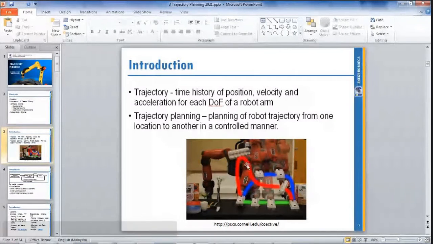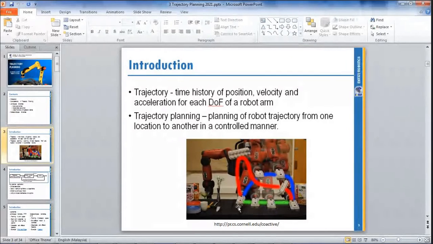You want to move the product along, for example, this red line. One motion of your robotic arm, the blue one is the other motion, and the green is the third motion.